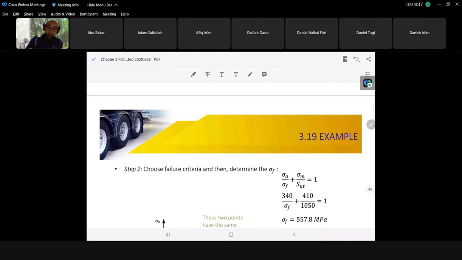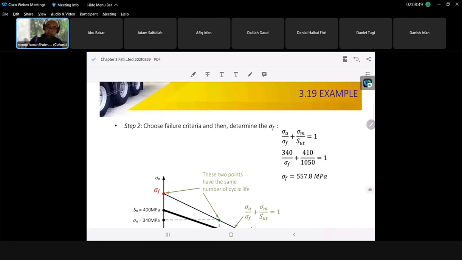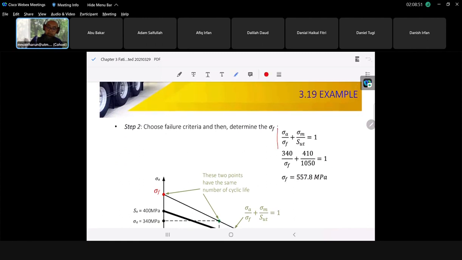From the Goodman theory, okay, we need this one.